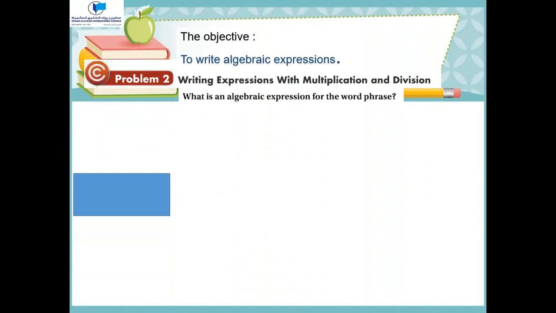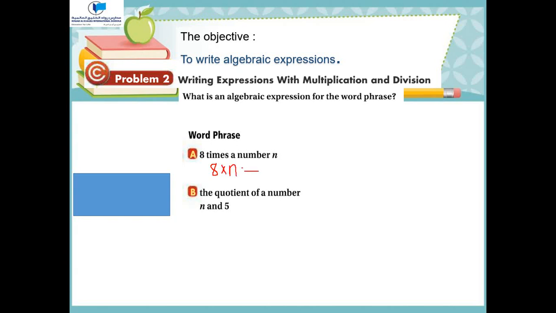Let's move here. You will have here writing expressions with multiplication and division. So 8 times the number n. We can say 8 times, we can put the multiplication sign, n. But in an easier way, we can just directly write 8n.